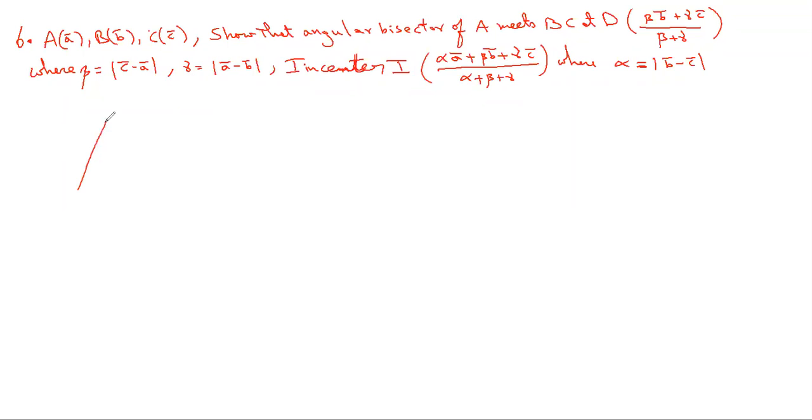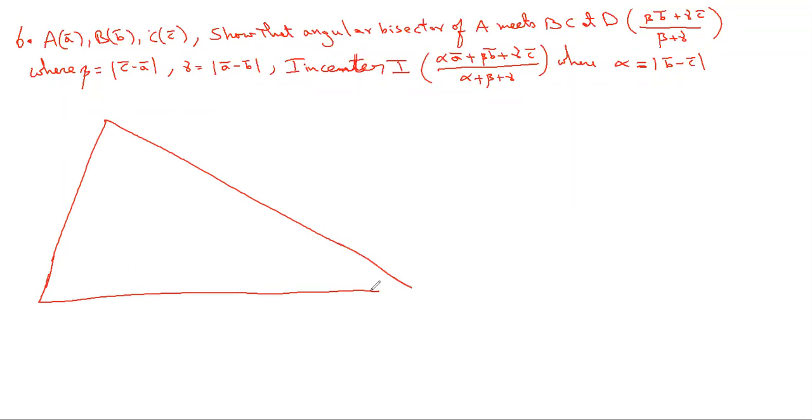So you take the triangle ABC, and the angular bisector of A, these two angles the same.